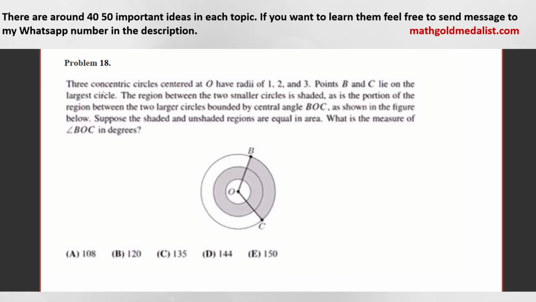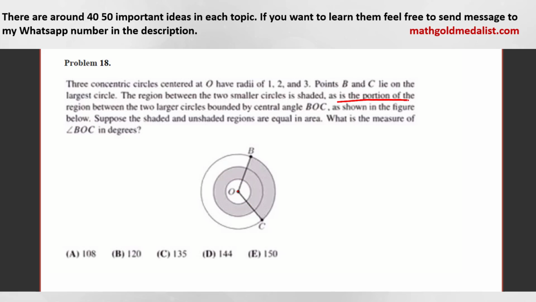Problem 18. Three concentric circles, meaning the centers are the same, at O, have radii 1, 2, and 3. Points B and C here lie on the largest circle. So the radius of this is 1, this one 2, this one 3. The region between the two smaller circles is shaded, meaning this one.